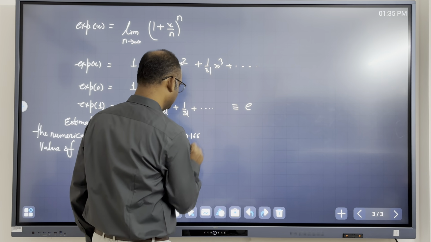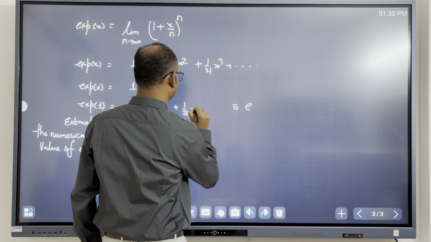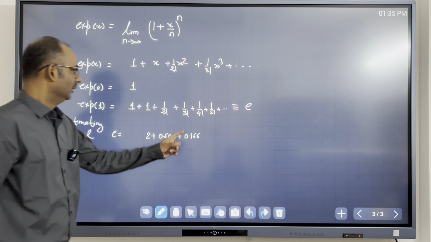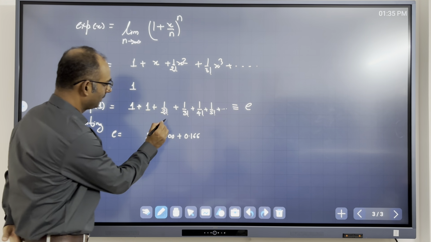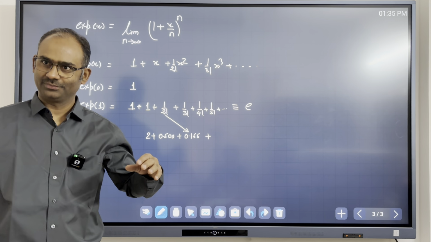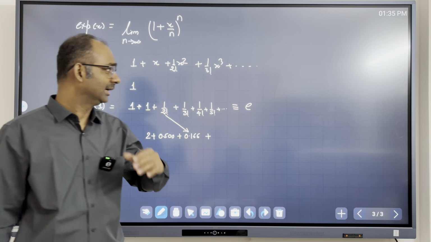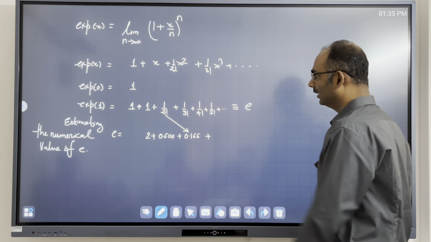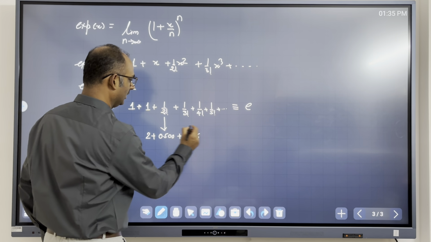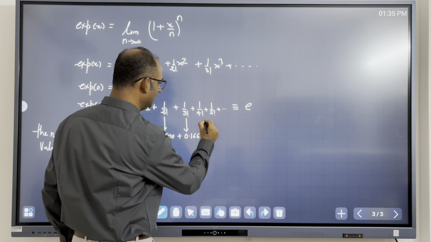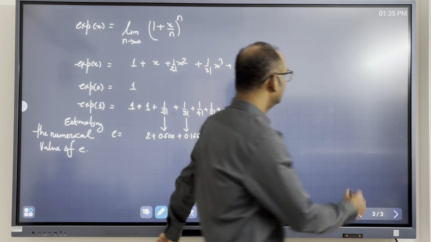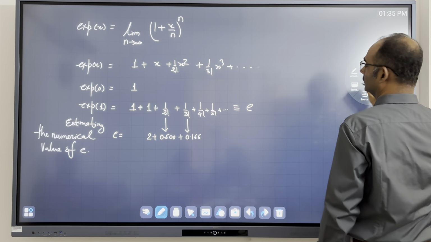Okay, let's take the next terms. 1 over 4 factorial. 4 factorial is 24, so 1 over 24 is 0.041.